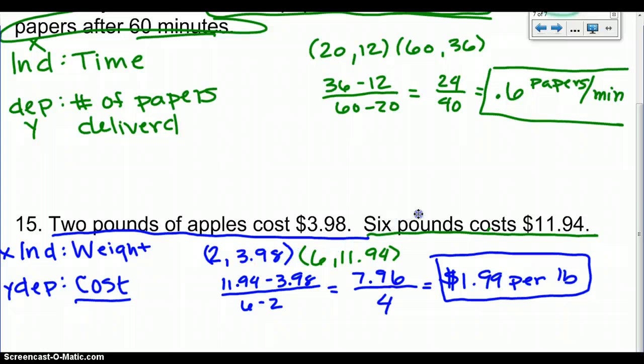Our second point would be 6 pounds, comma, $11.94. So then you just use our formula and do 11.94 minus 3.98 over 6 minus 2, and then you get 7.96 over 4, and that is equal to $1.99 per pound. Hopefully that made sense to you guys.